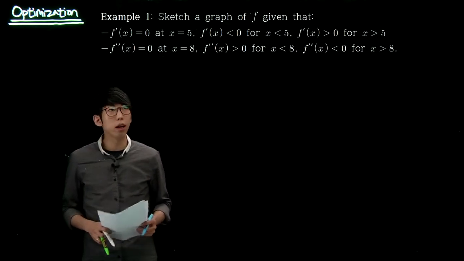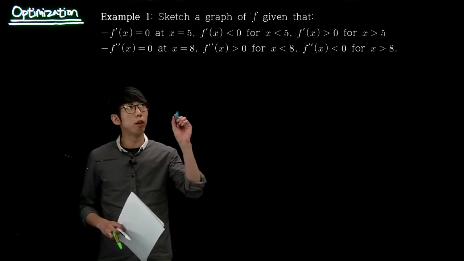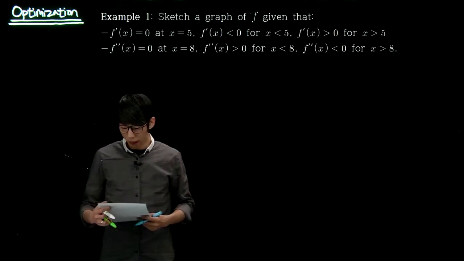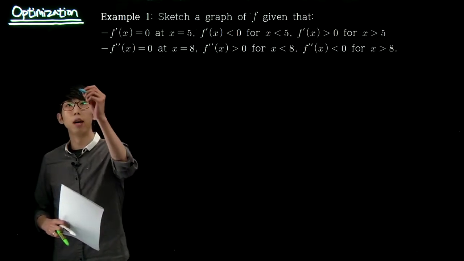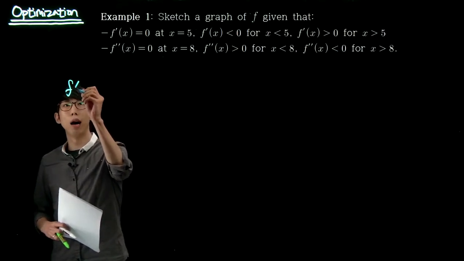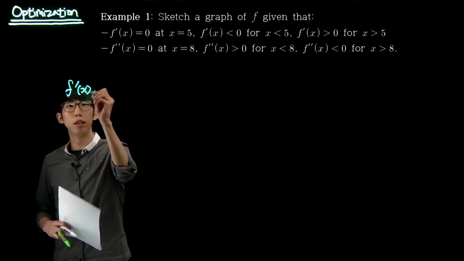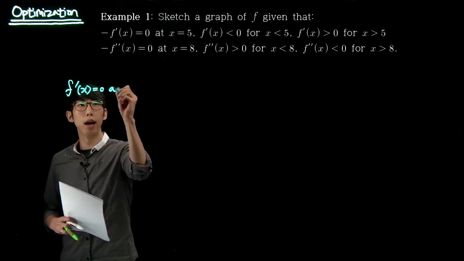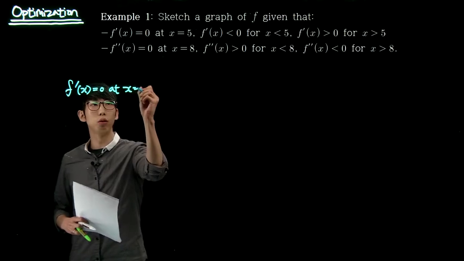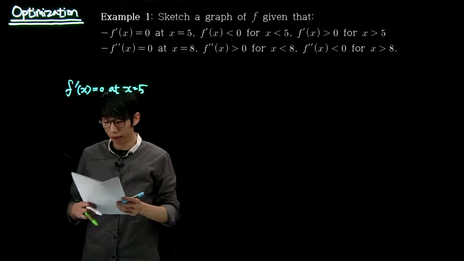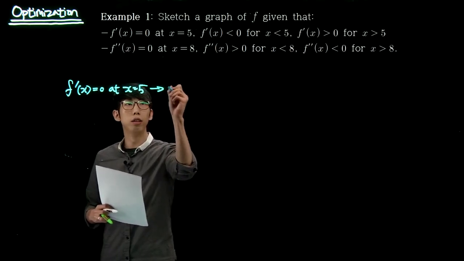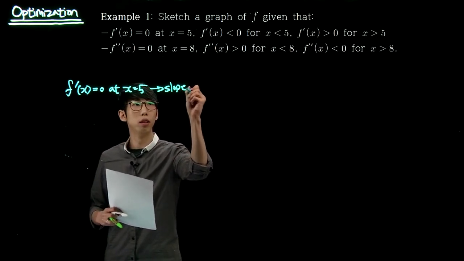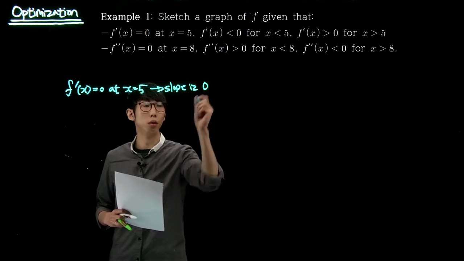So let's look at each piece of information by itself. Okay, the first piece of information is that f prime of x equals 0 at x equals 5. Okay, this means that at x equals 5, the slope is 0.